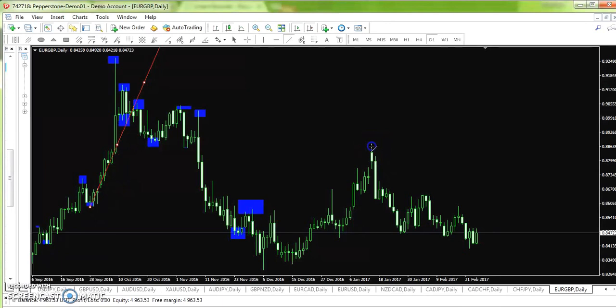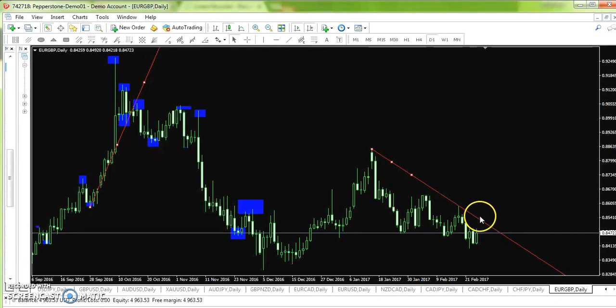So I'm just going to draw a trend line. At this time I'm touching the candle's upper side, this point and this point. And I won't take a buy until price crosses this particular trend line.